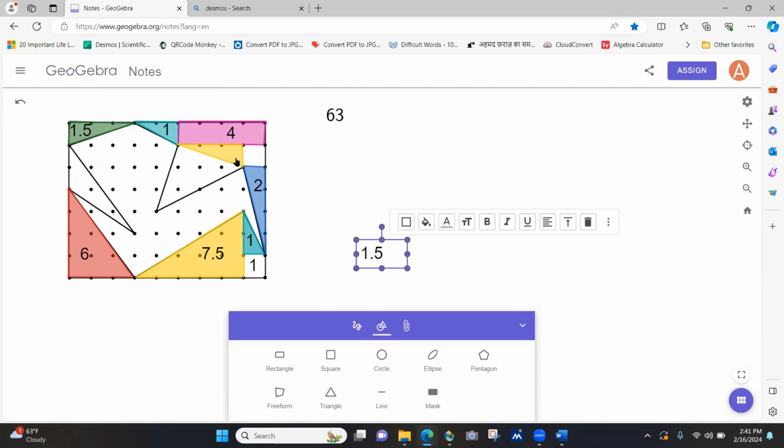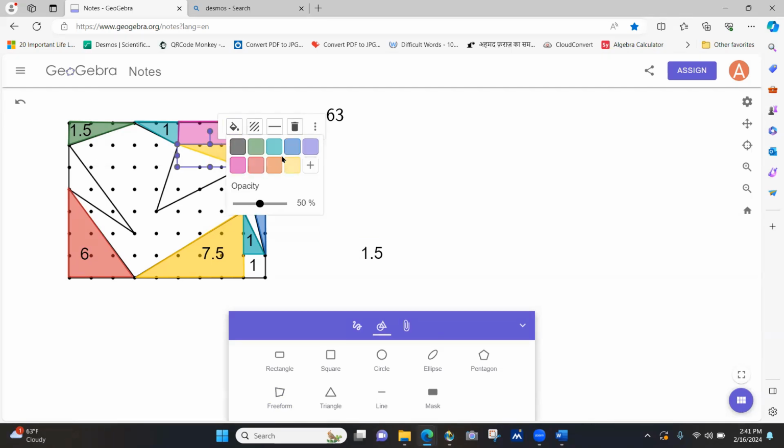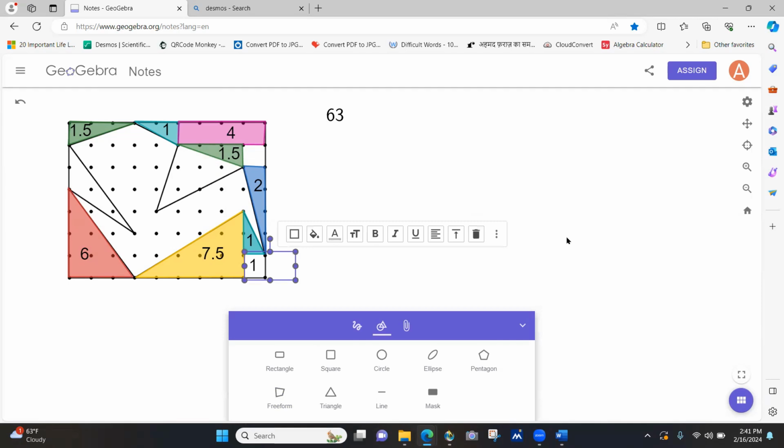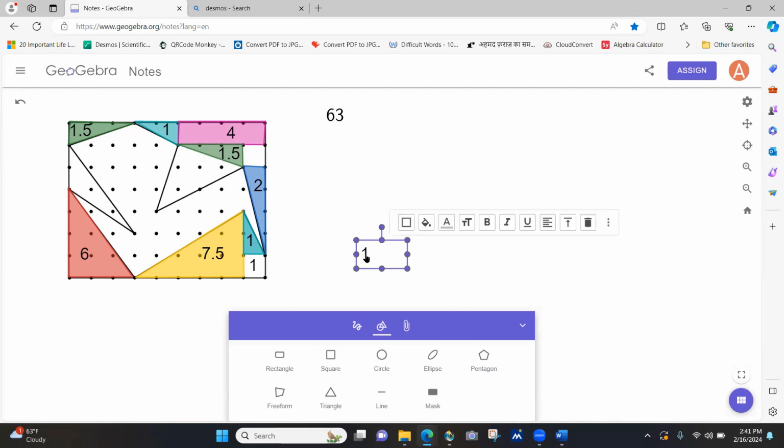Actually, I'm going to change its color to green. This green triangle again is 1.5. I do have a white square here, which has an area of 1. Now, the only 2 things that are missing are the area of this tooth triangle and this triangle.